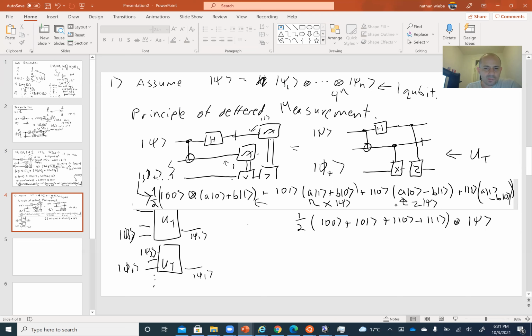So if we do that, then we can see that this quantum circuit over here is going to carry 1/2 (|00> + |11>) over there. And this one is going to be exactly the same.